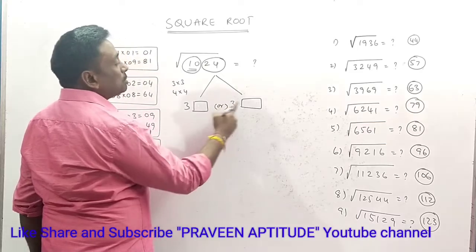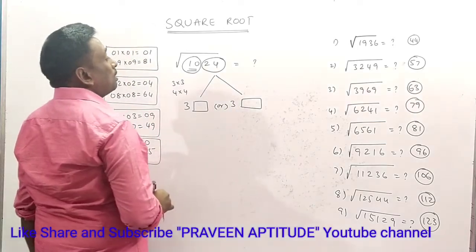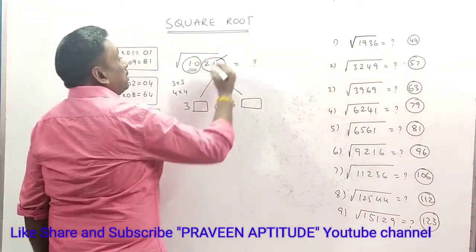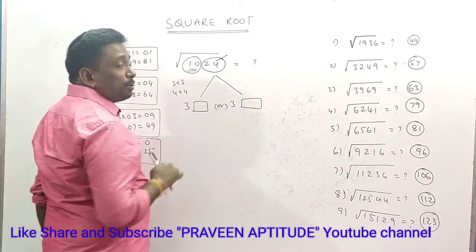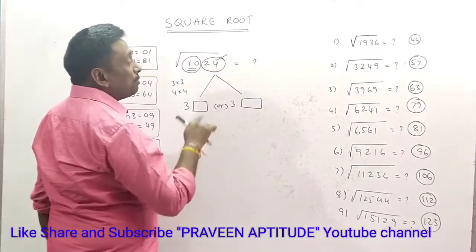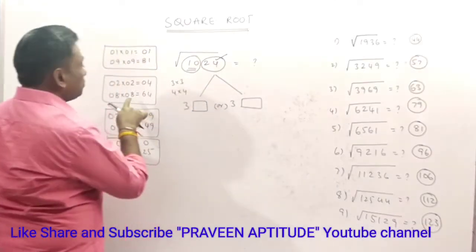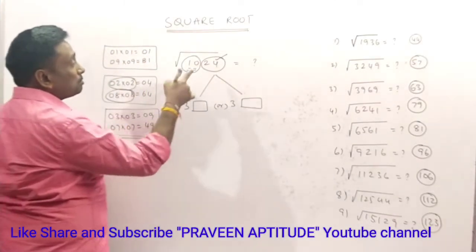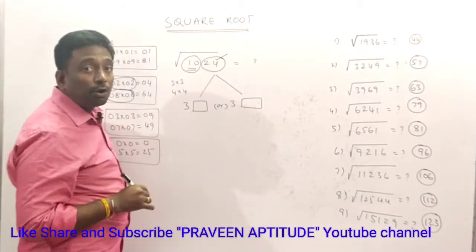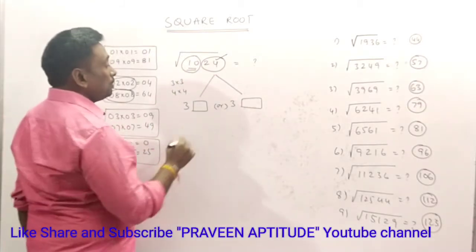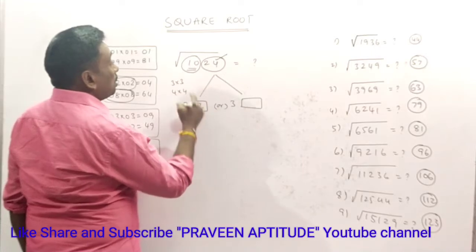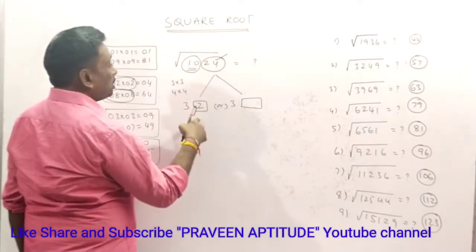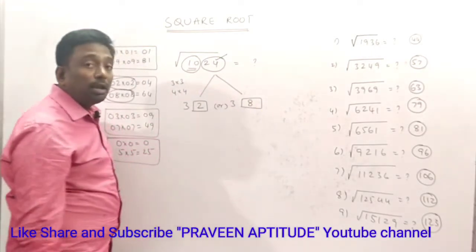Why I am taking this: based on the last digit of the square root value, here 4 is there. When 4 exists, in the case of 2 or 8 there is a possibility for existing of 4 in the square root. That's why the square root of this may be either 32 or 38.